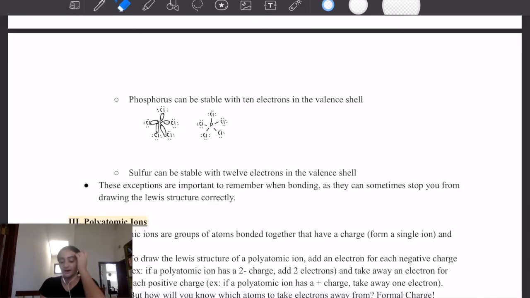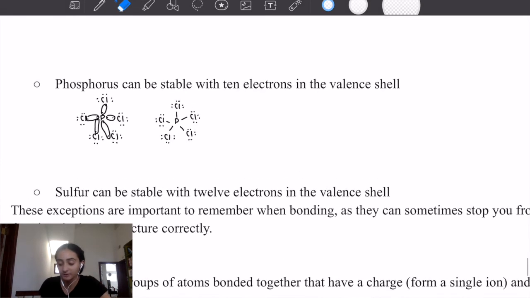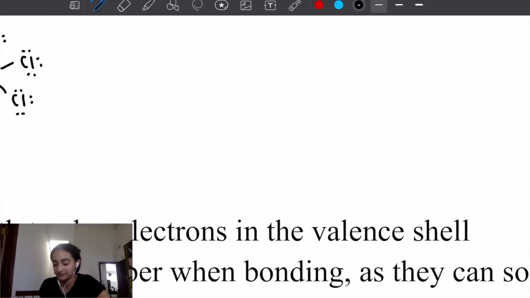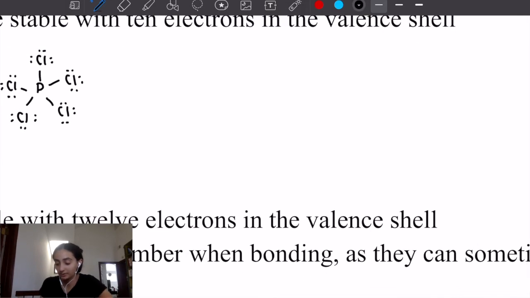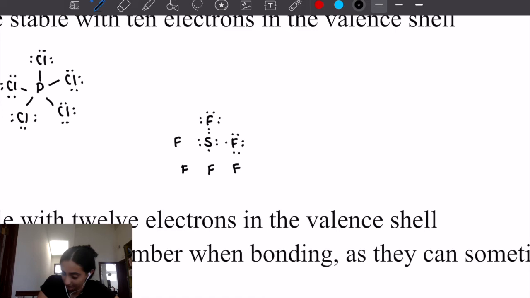So our next expanded octet is sulfur, which can be stable with 12 electrons in the valence shell. And I'm going to do that example here. So let's say we had sulfur and 6 fluorines. Sulfur has 6 valence electrons. Each fluorine has 7. Okay, so now each fluorine needs 1 more electron to be stable because fluorine is not an exception.